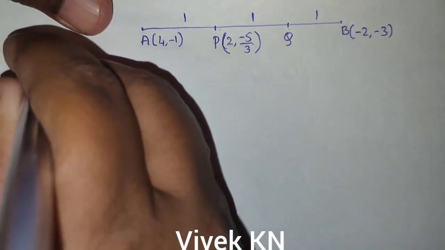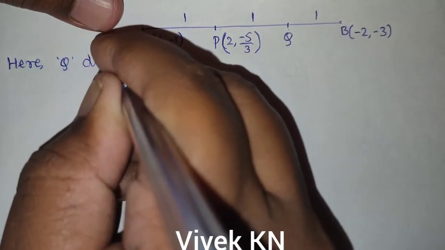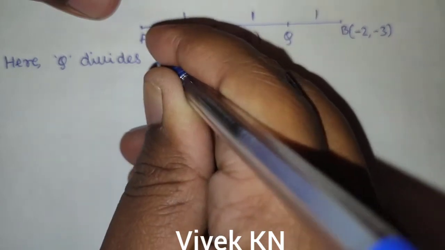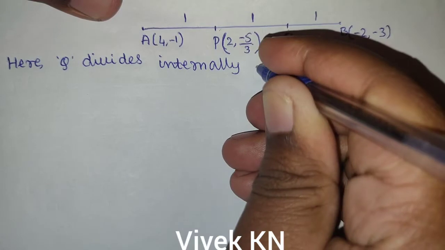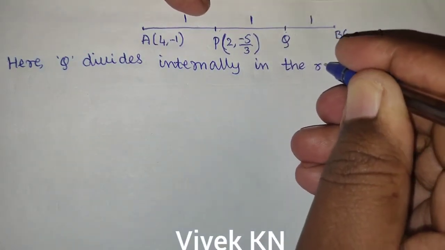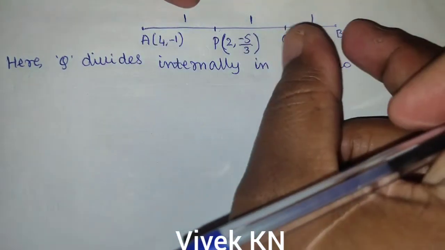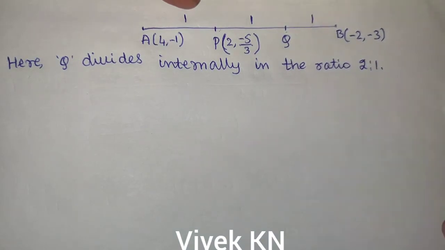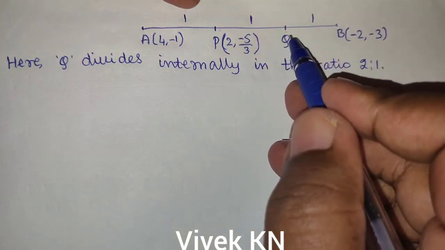Here Q divides internally in the ratio 2:1. Now we can easily find out the coordinates of point Q by using the section formula.